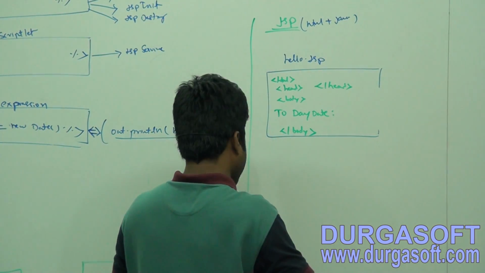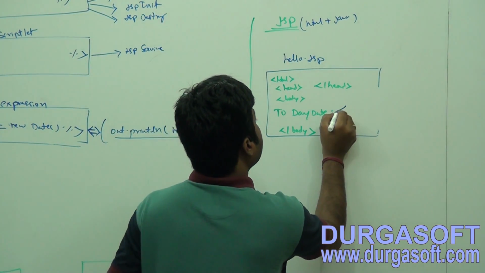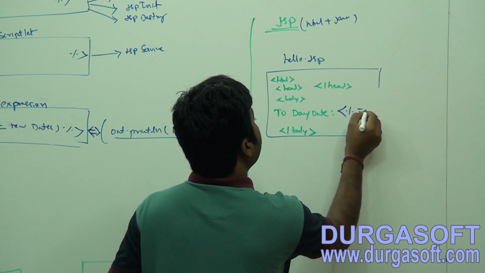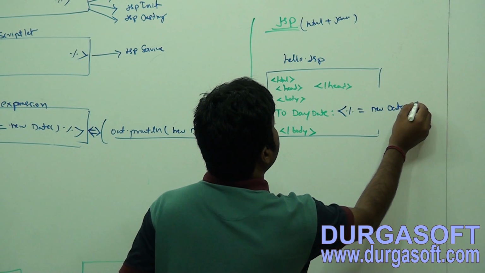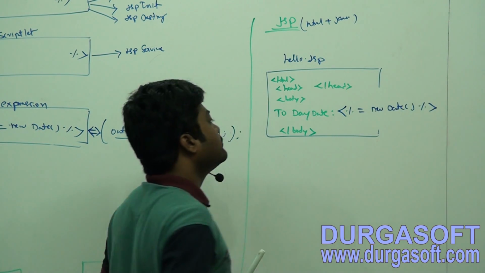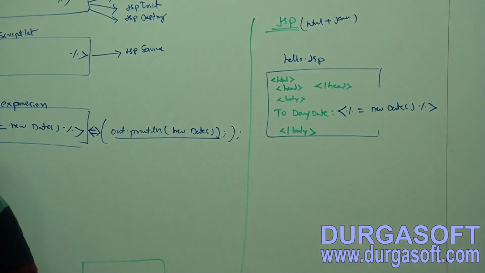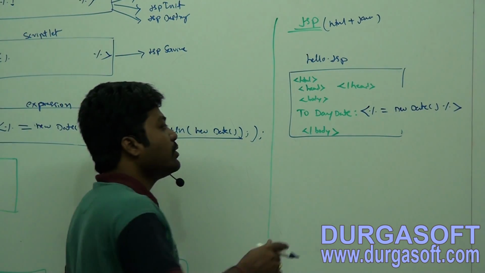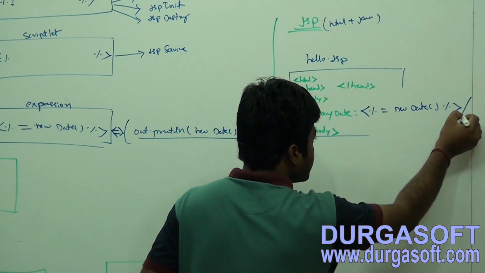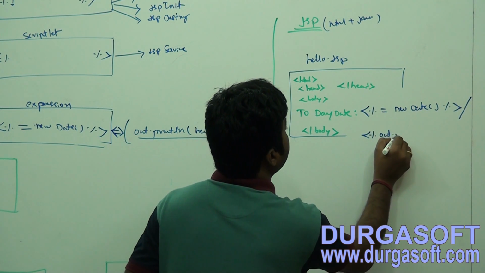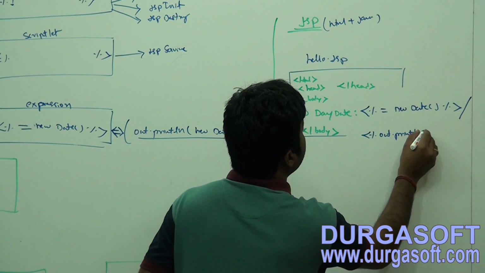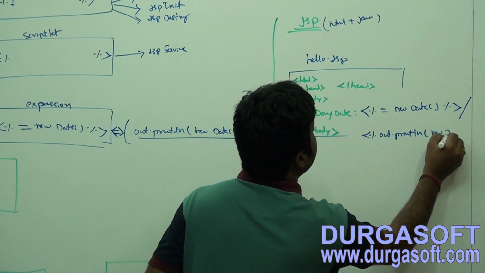Here, using expression, equal to new Date. Dynamically it will print the date here. Or else you can go through this approach also. Instead of using this, you can use this also. Expression, or scriptlet with out.println of new Date.